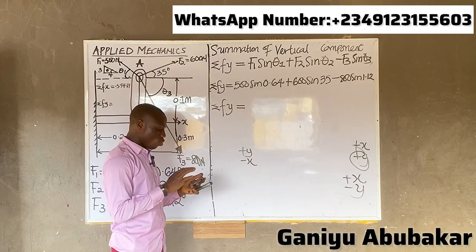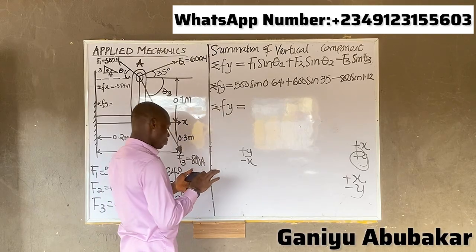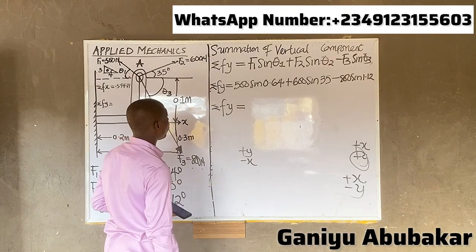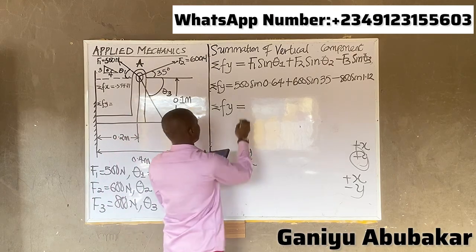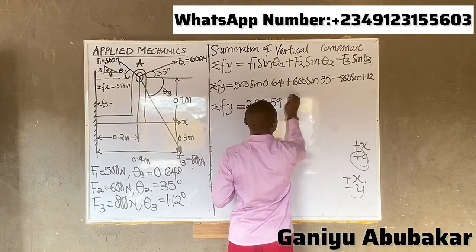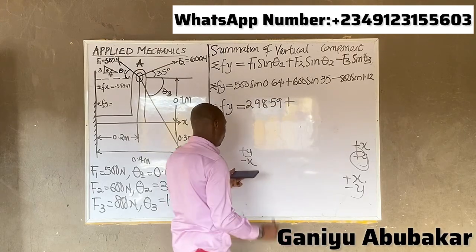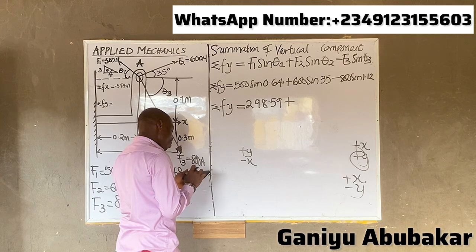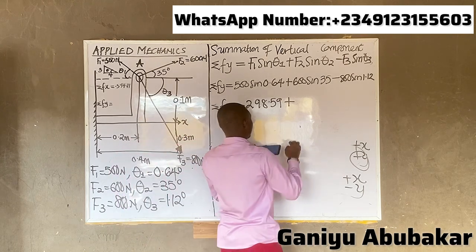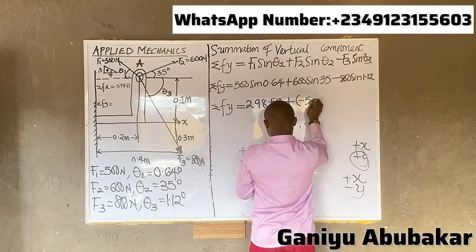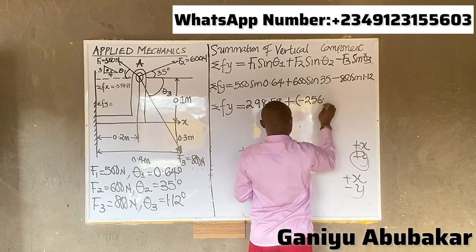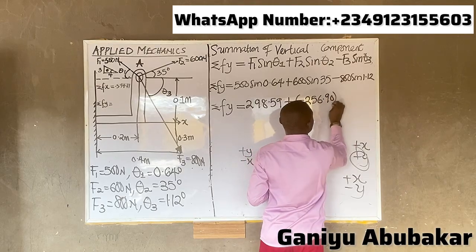So if I punch the calculator, 500 sine 0.64, that gives 298.59. Plus 600 sine 35, this one gives about negative 256.90.